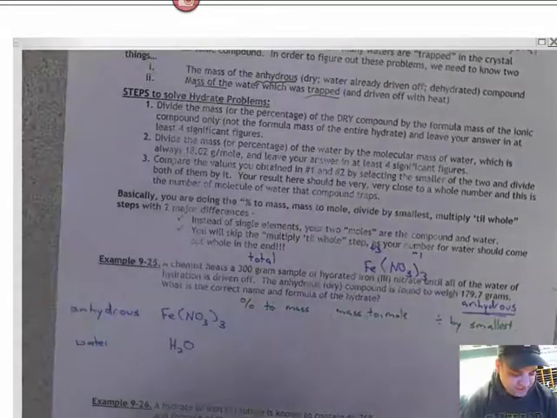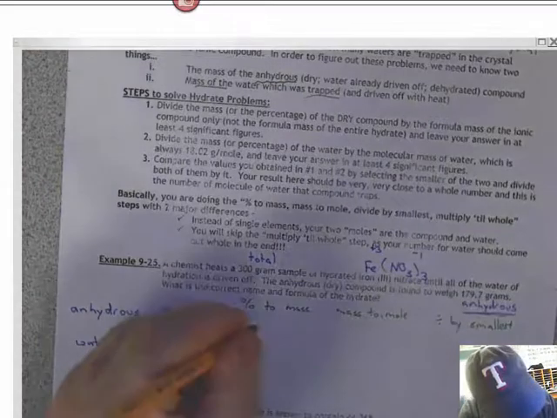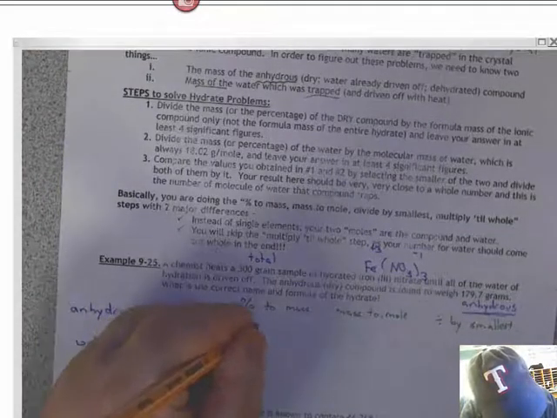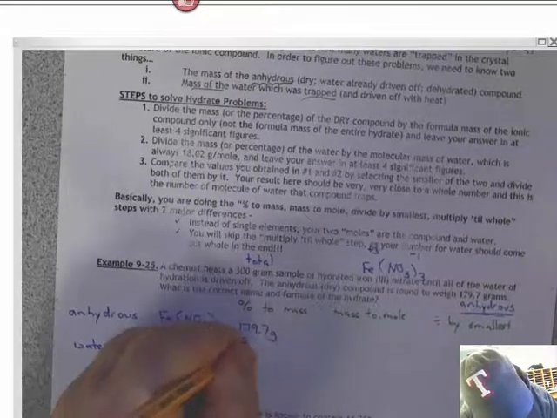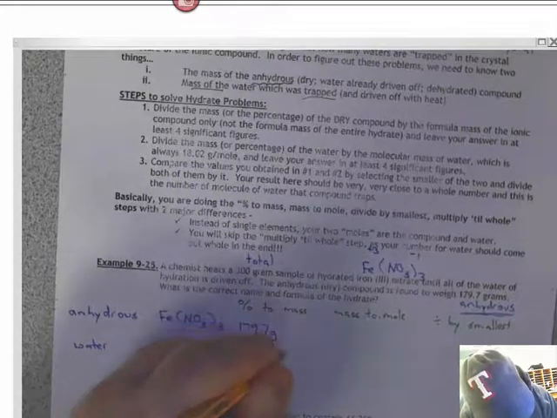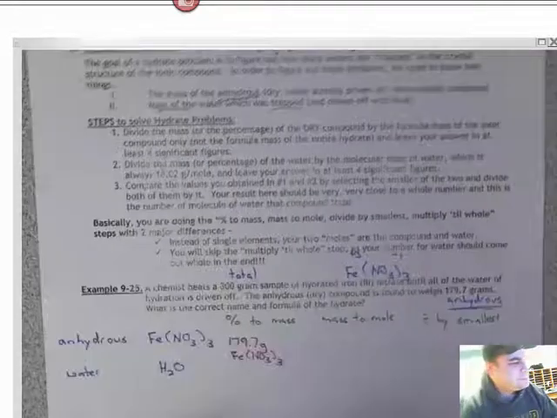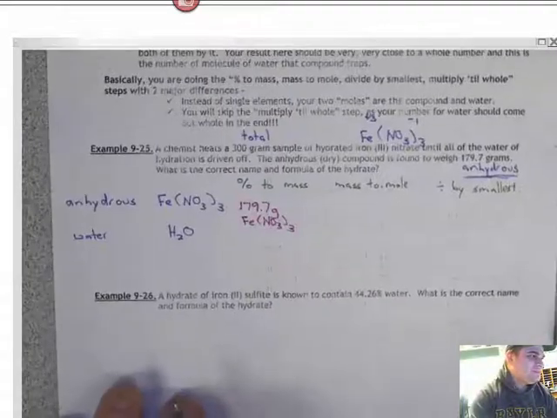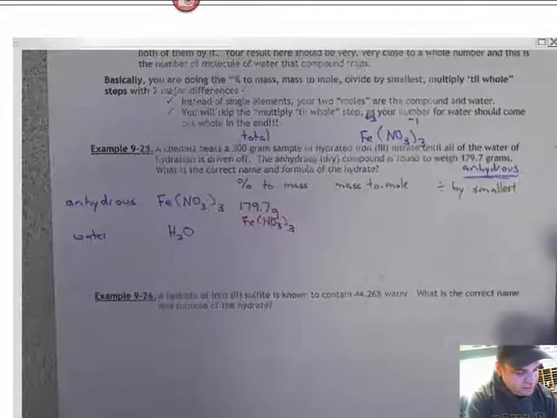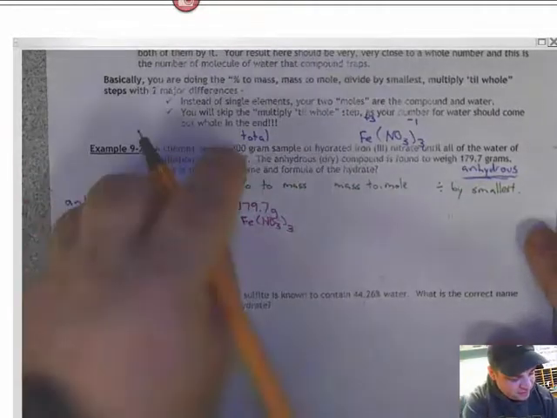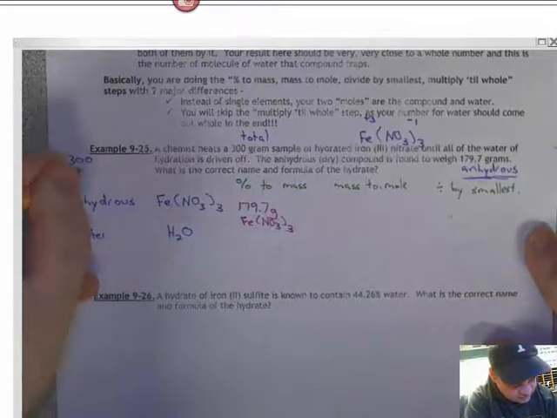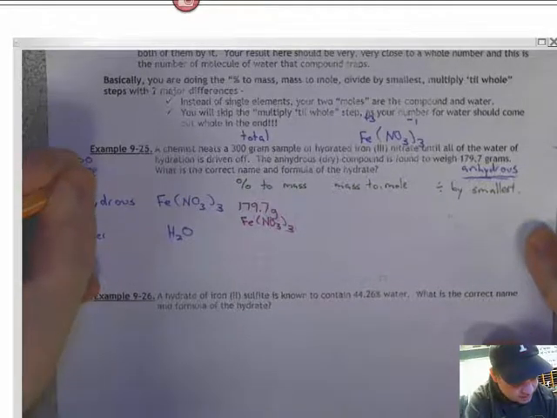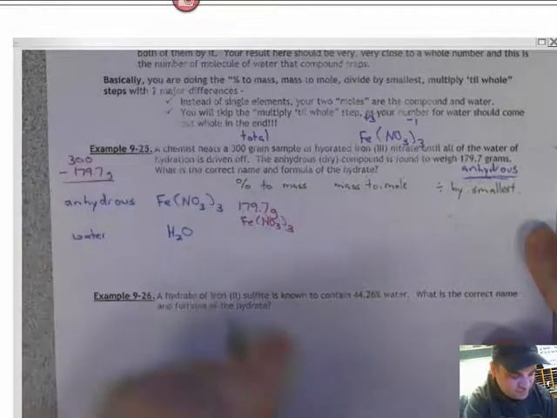So here, our anhydrous is 179.7 grams Fe(NO3)3. For the water, since the total is 300 grams, you're going to do 300 minus 179.7 grams.